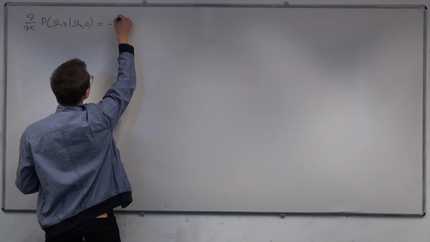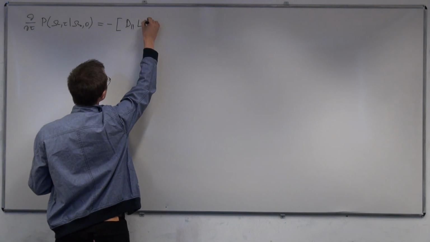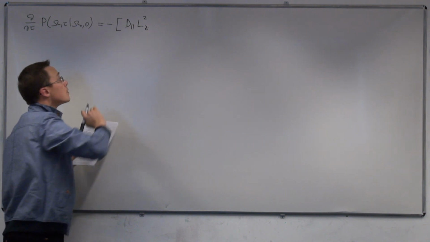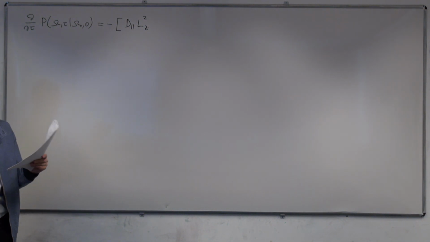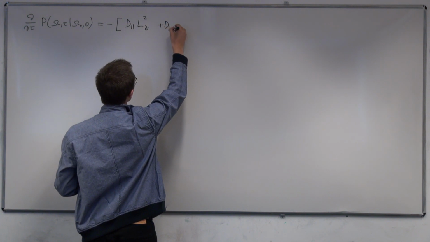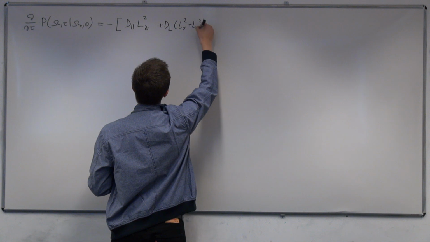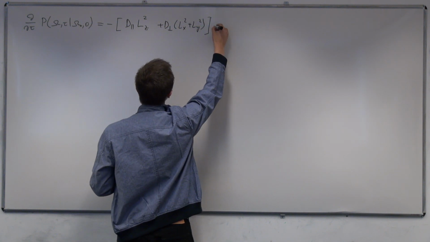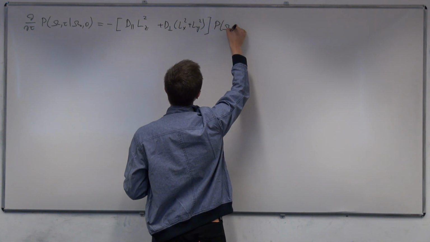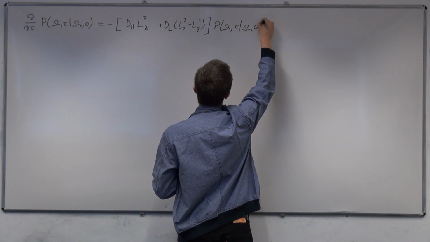So it will be minus D parallel Lz squared, so that's the diffusion constant around the z-axis, plus D perpendicular of Lx squared plus Ly squared. And that would be applied to this probability density.